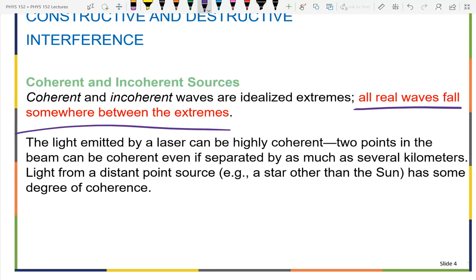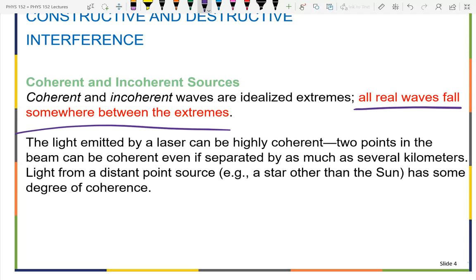But that's a really good example of a coherent light source. A traditional incandescent light bulb, which is what this thing here is, is pretty much incoherent. The light comes off with wave trains that are really short, and then it starts over at some random part of the phase.